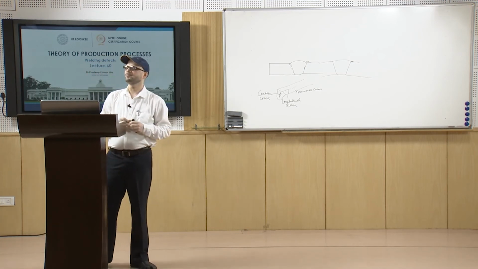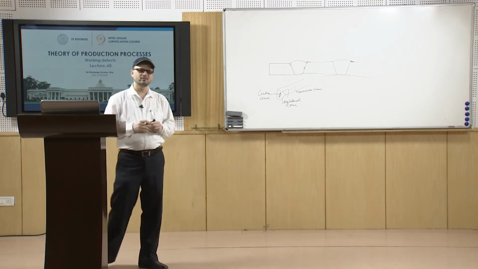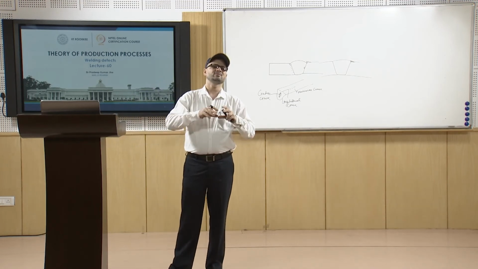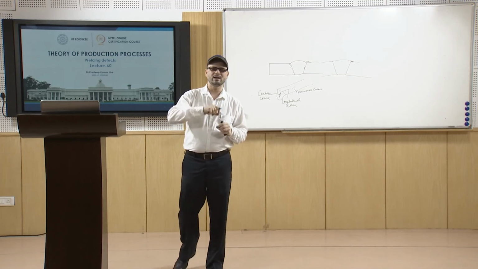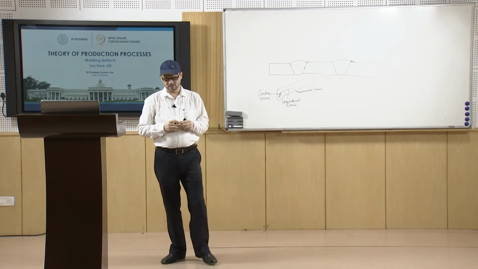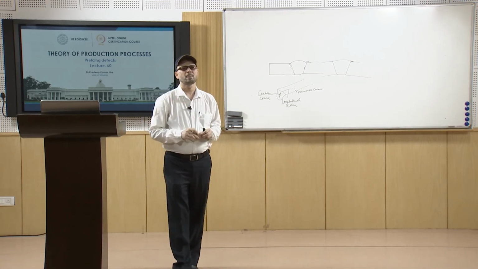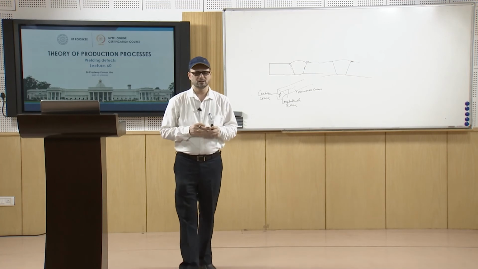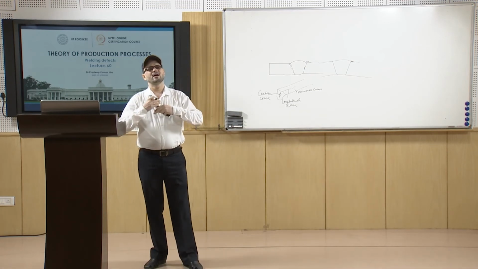Then you have miscellaneous kinds of defects, where weld spatter is there. Many a times while doing the welding, you have spattering taking place that results in a rough surface of the weld metal.